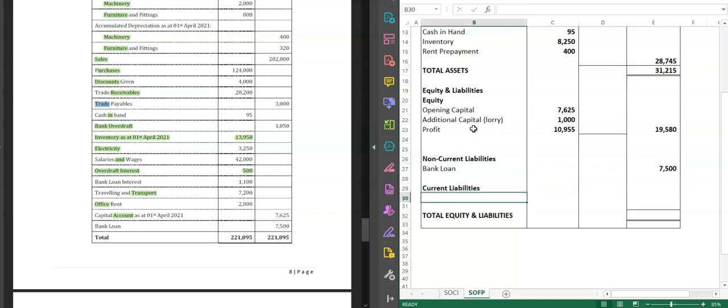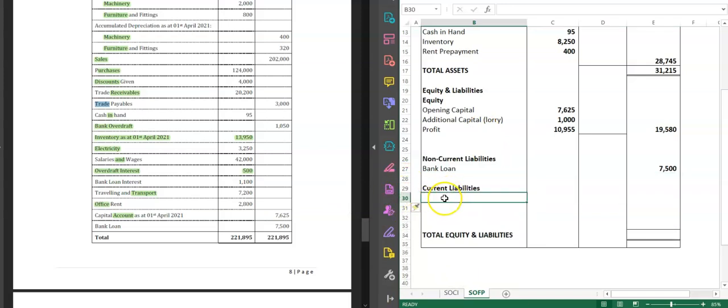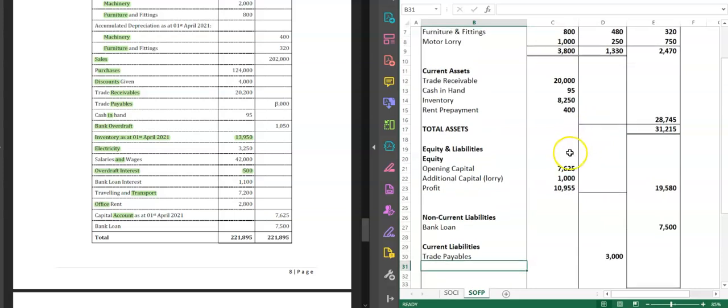Then current liabilities. Under the current liabilities, we have trade payables. How much is the trade payable? 3,000. Actually, we have to put all this here. Okay.